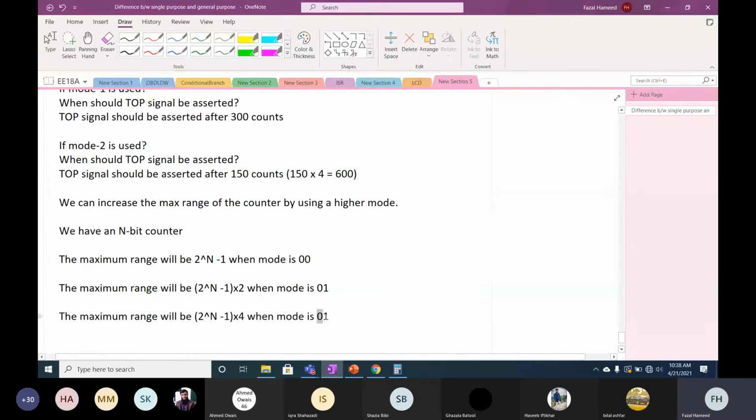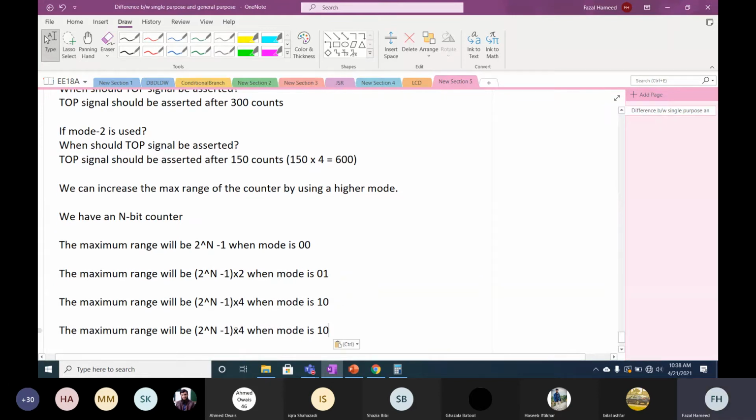It will be multiplied by 4 when the mode is 1 0, and it will be multiplied by 8 when the mode is 1 1.